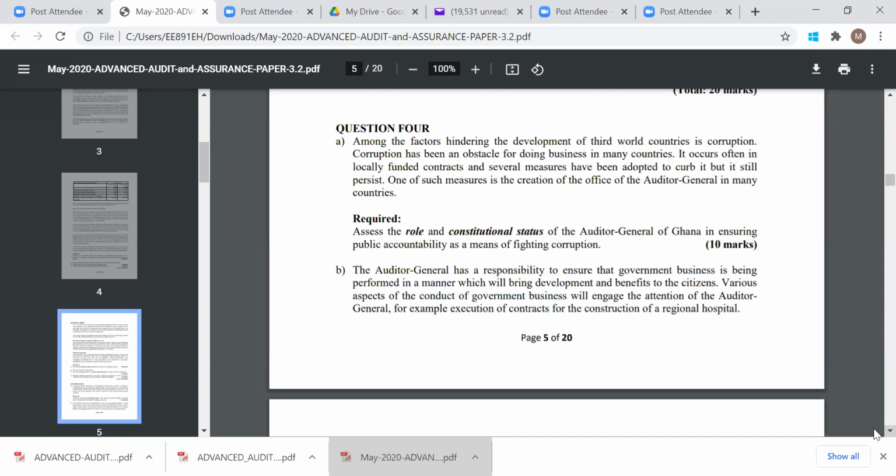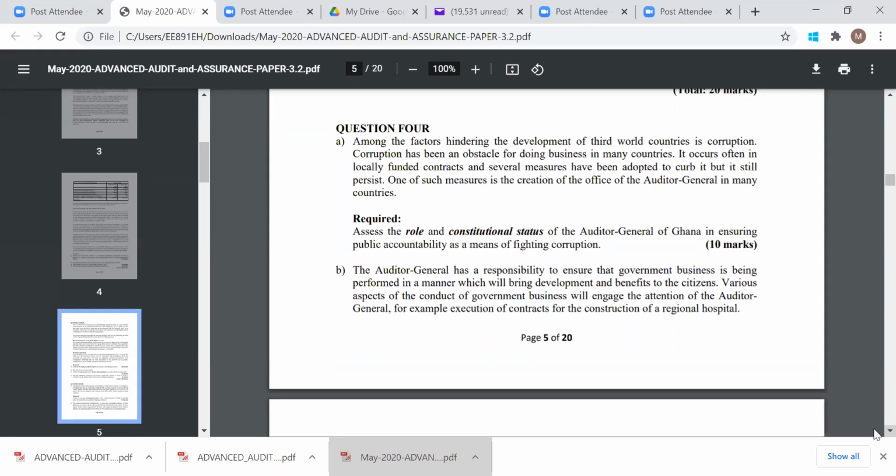He has several roles, but we don't have the time. That's the only problem. He examines the report on the public accounts.